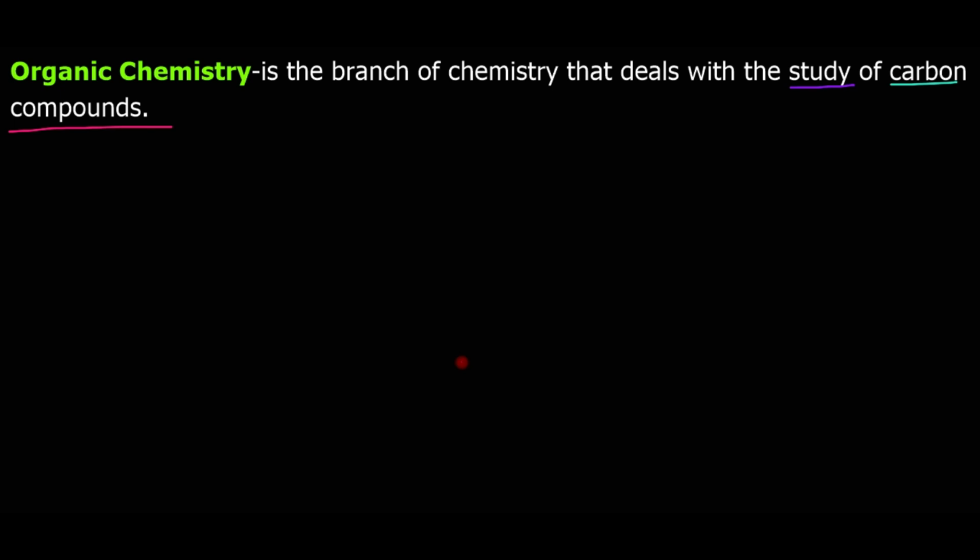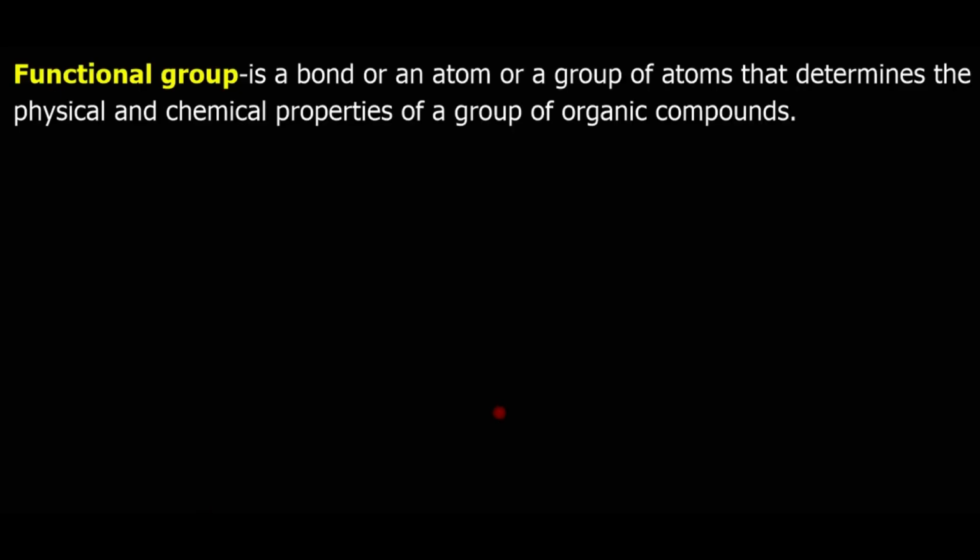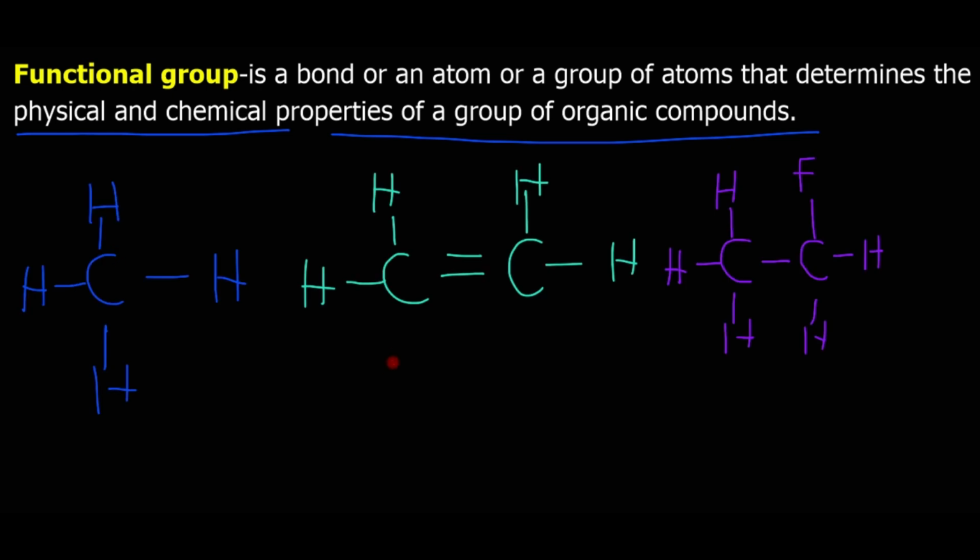So now let's look at some very important terms that you need to know for this topic. And the first one is a functional group. A functional group is a bond or an atom or a group of atoms that determines the physical and chemical properties of organic compounds. Let's see, for example, these compounds.